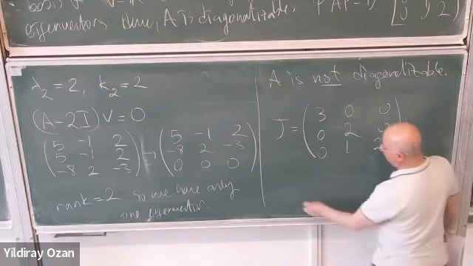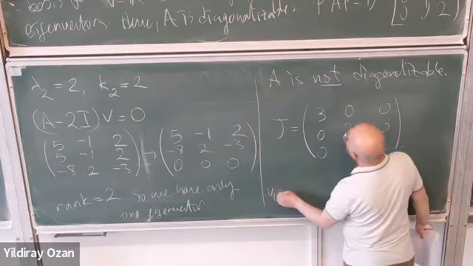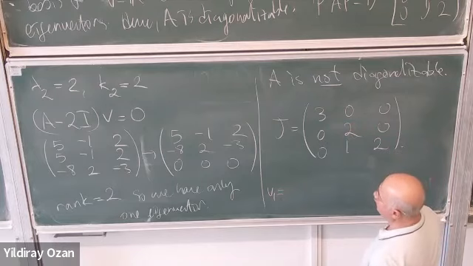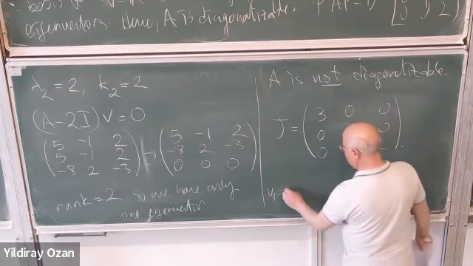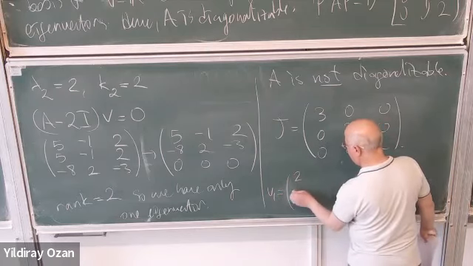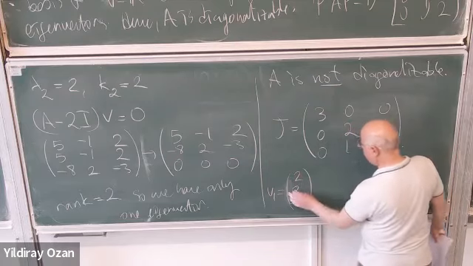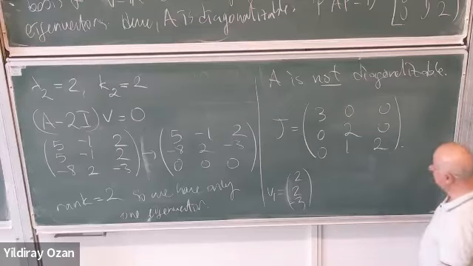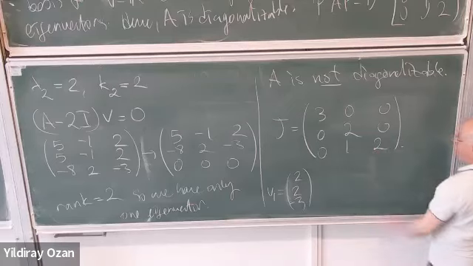Let's call it V1. What did we find? 2, 2, 3? 2, 2, minus 3. So this is the eigenvector for the eigenvalue 3. Here's what I need.